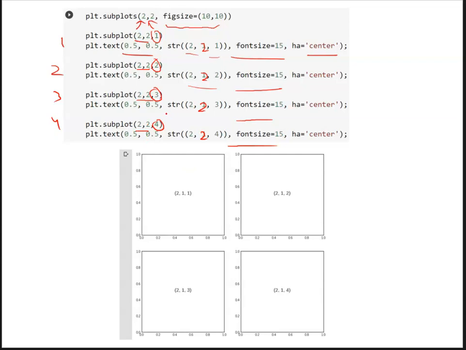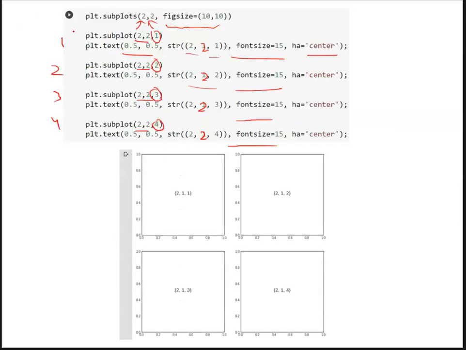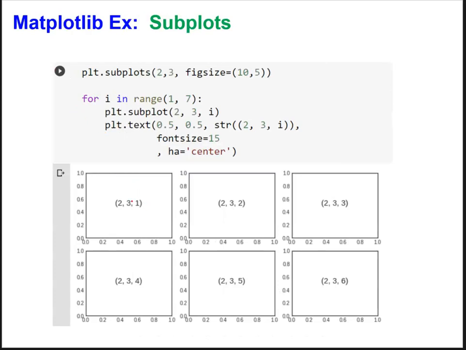Okay, one more example. An interesting thing about this is that instead of typing in the whole thing one by one, anything that has this type of repetition, you can always use loops. And this is the useful thing when you have subplots.